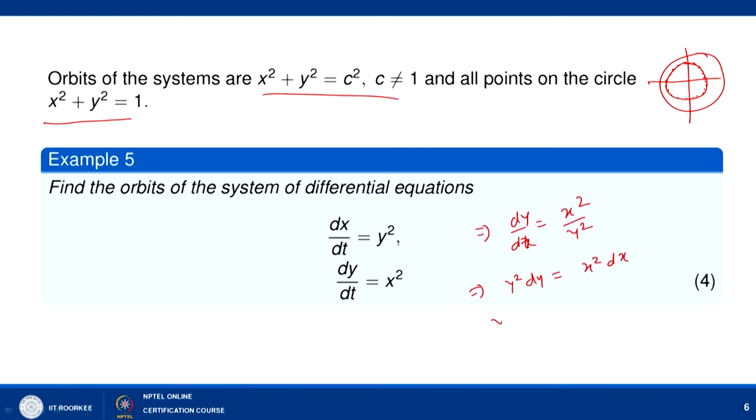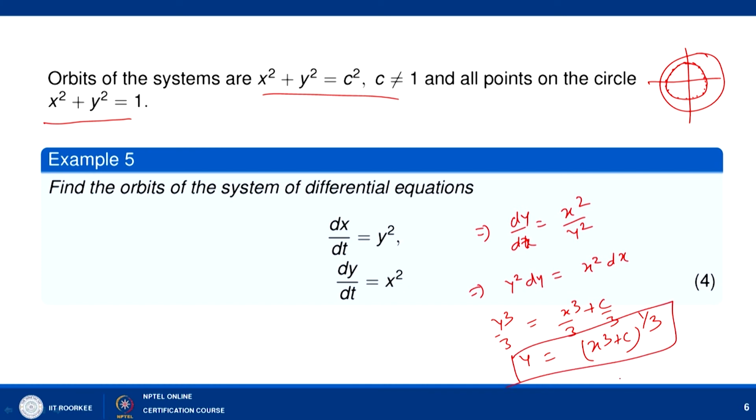So, we can say that y cube upon 3 is equal to x cube upon 3 plus some constant here. So, I can simply write it as y equal to (x cube plus c) to the power 1 by 3. So, orbits are given by this.